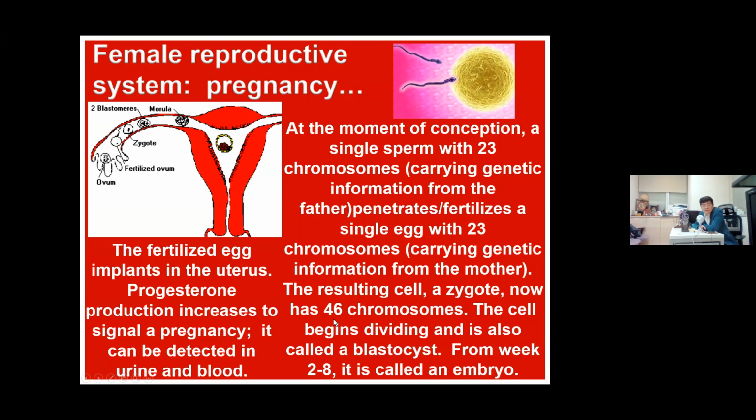Then the single cell will divide, called the blastocyst here. They fertilize over here, then there's a zygote, blastomere, morula. Then the embryo will get implanted in the endometrium.